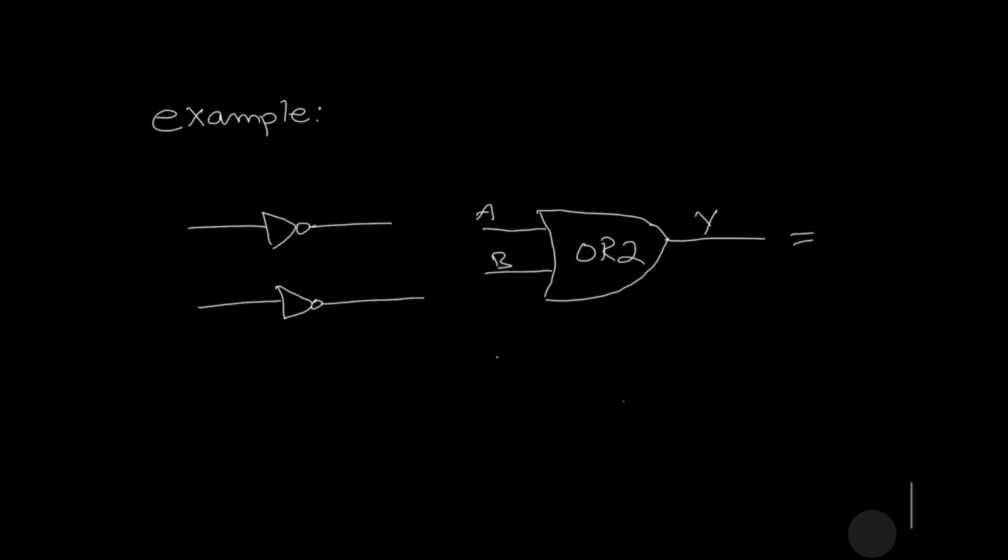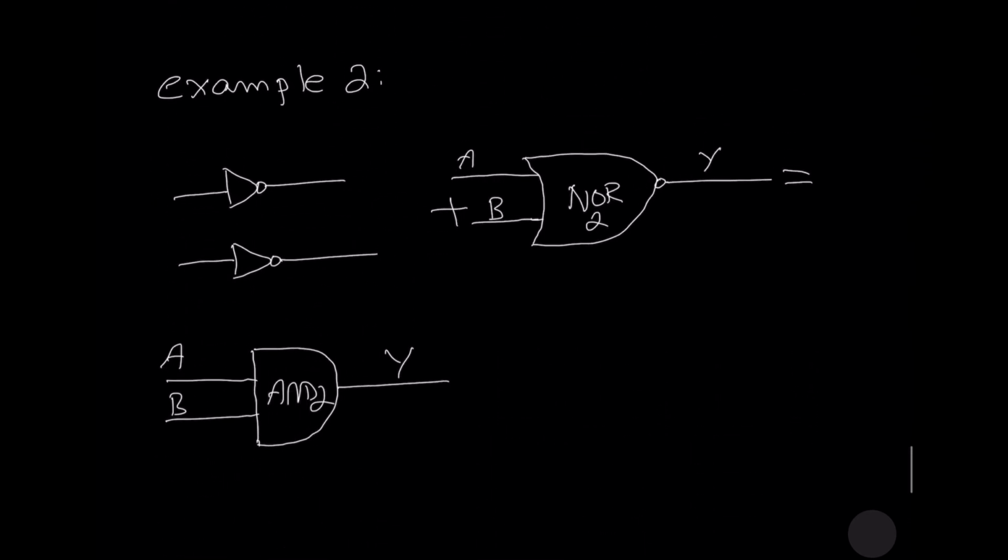what? Output will be, we can go ahead and check this one. We added two inverters and we inverted both of the inputs to the NOR gate, and we got our new logic gate, AND2.